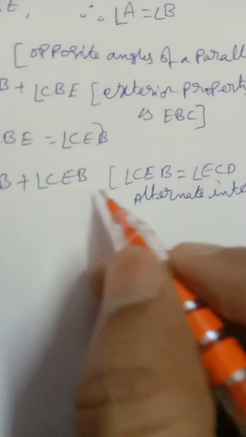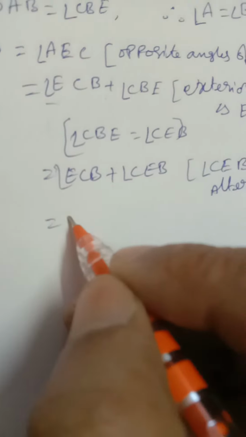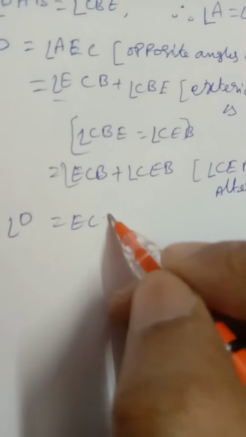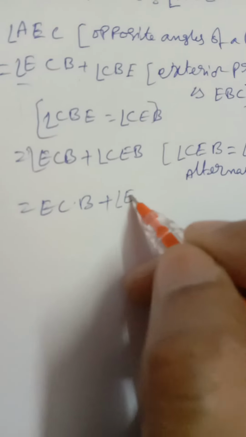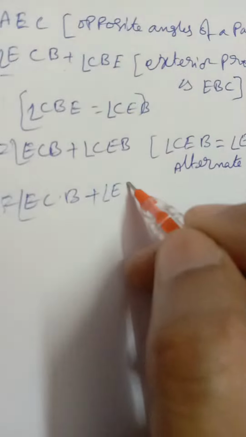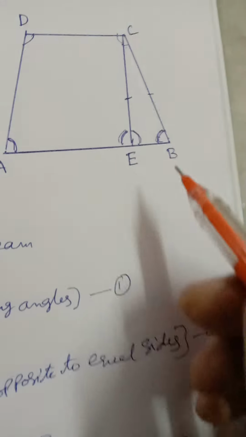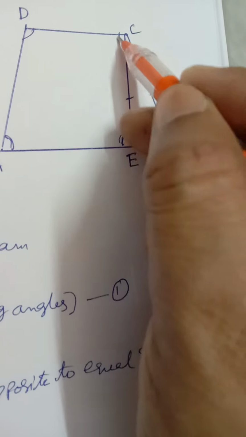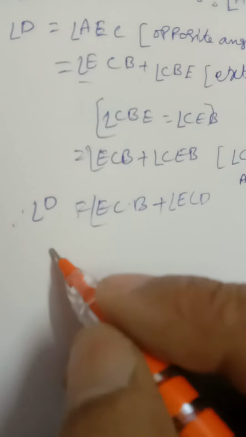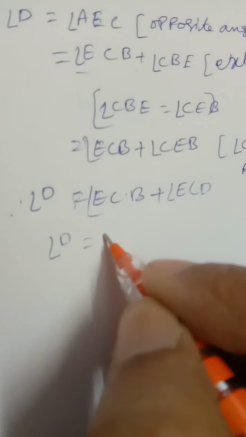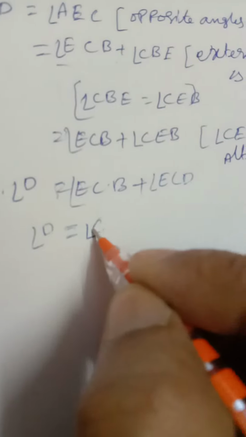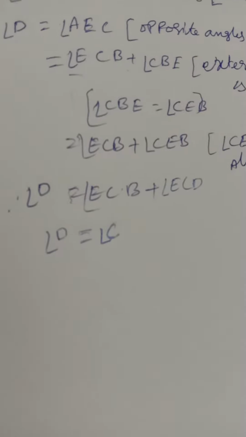Therefore angle D is equal to angle ECB plus angle ECD, which is equal to angle C. Therefore angle D is equal to angle C. Hence proved.